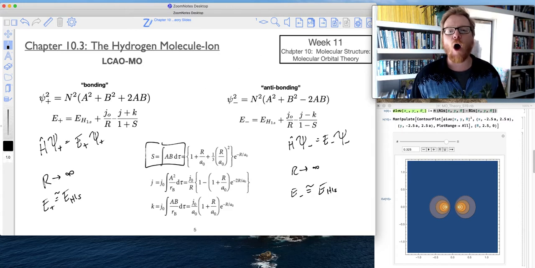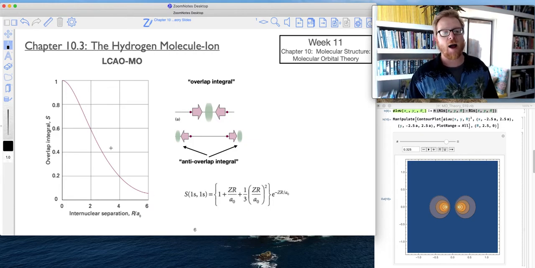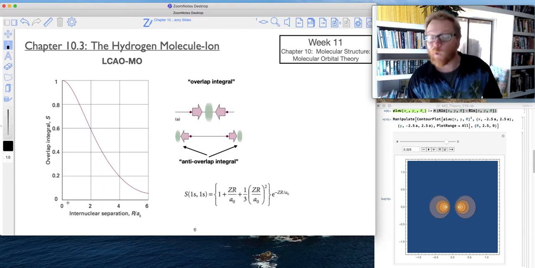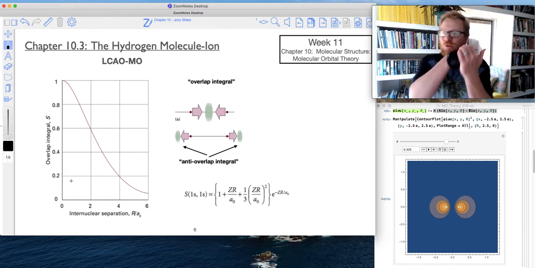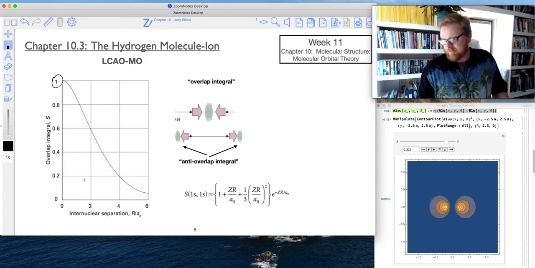And so when we put all of those together, not quite just yet, so just describing what happens to this overlap integral, right? I talked about how we have the overlap and the anti-overlap integral. So we can really see that the value of S when the internuclear separation is 0, in other words, when the two things are right on top of each other, S is equal to 1.